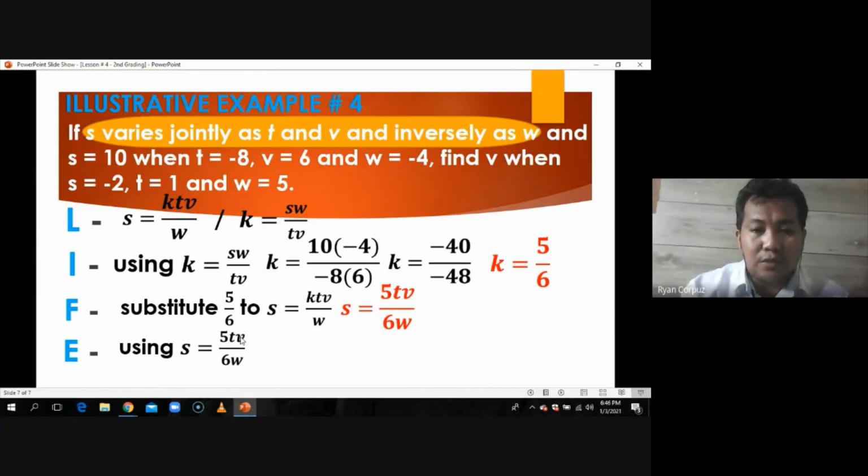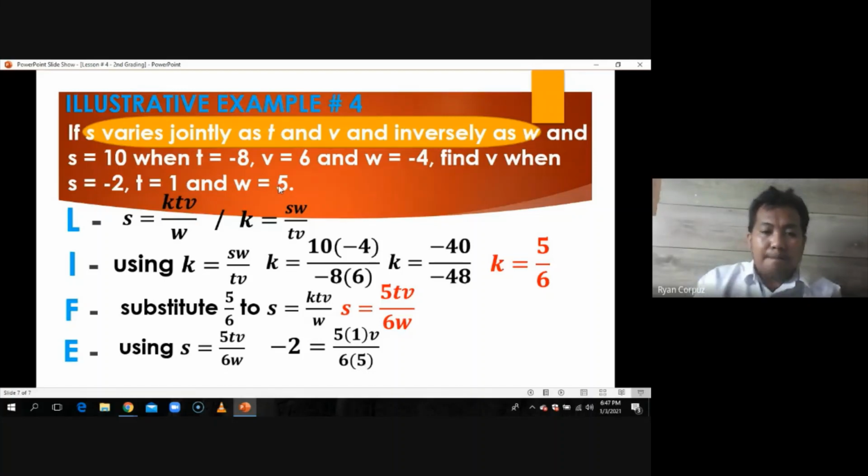So, substitute lang natin. S given there is negative 2, is equal to 5 times 1, 1 yung value ng T, over 6 times W, the value is 5. So, multiply na natin. 6 times 5, that would be 30. Then 5 times 1 is 5. Magiging 5V na lang to.